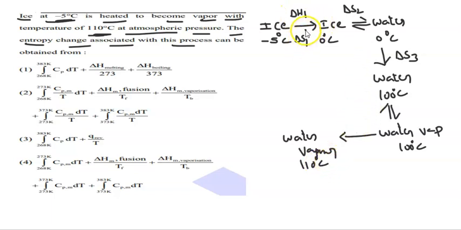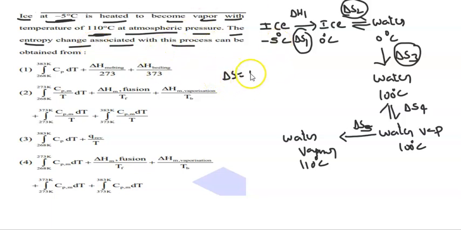So the entropy change associated with the first step is delta S1, second step delta S2, third step delta S3, and here it will be delta S4, and here it will be delta S5. So the total change is delta S, that is the sum of delta S1 plus delta S2 plus delta S3 plus delta S4 plus delta S5.